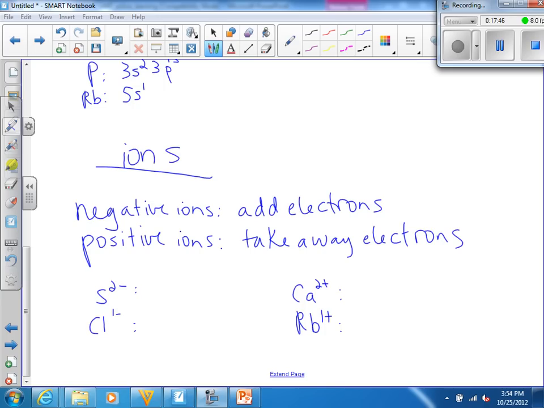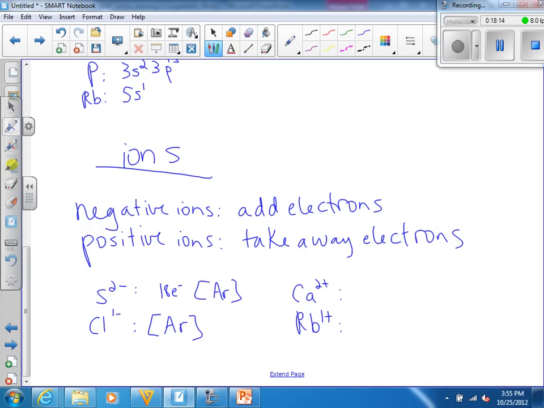Notice we end up with the same number of electrons as argon. We would have 18 electrons. And the shorthand configuration is argon. Okay? Chlorine, 1 minus, chloride ion. Chlorine is number 17. We add 1 electron, and we end up with 18 electrons, and the shorthand configuration is argon.